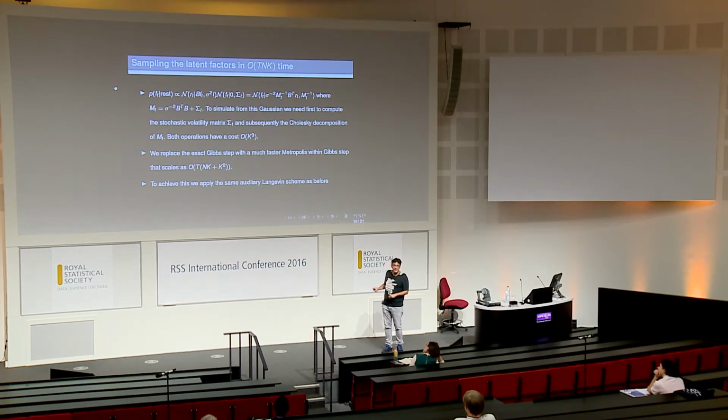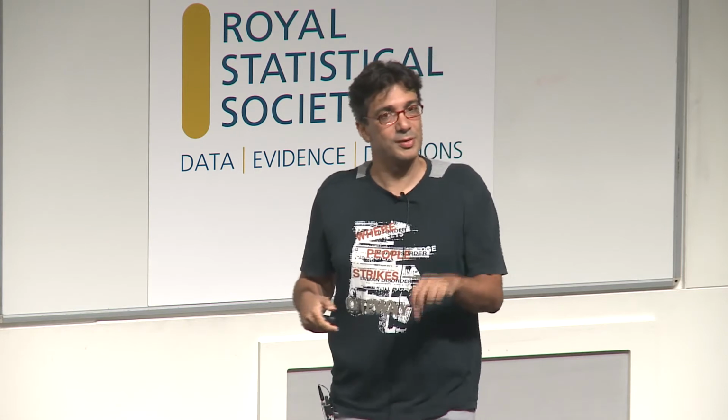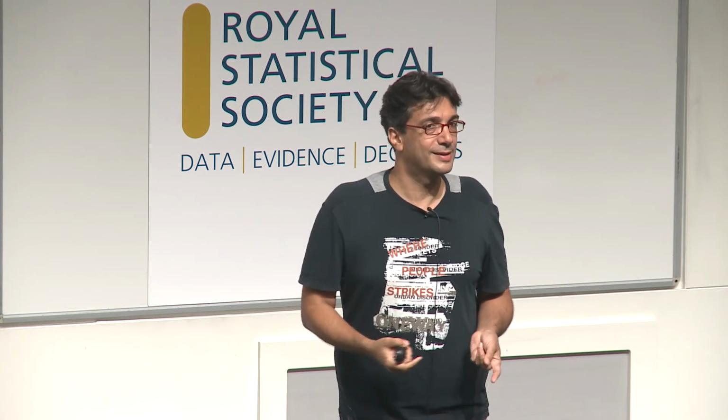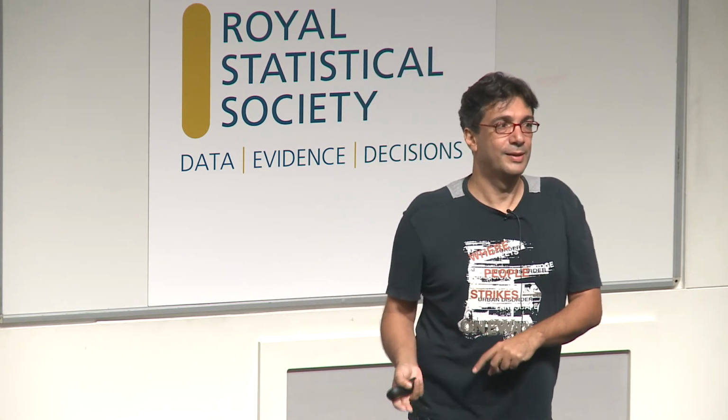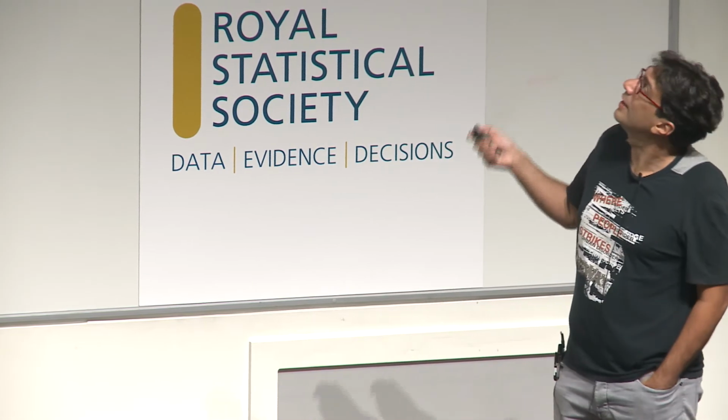So instead, because it takes a lot of time to calculate the covariance matrix, instead of sampling directly from a normal density, we sampled again with a Metropolis. So we replaced the nice IID sample with a dependent sample. Okay, and this reduced the complexity to T and K. So we saved a lot of time even on this simple IID thing.